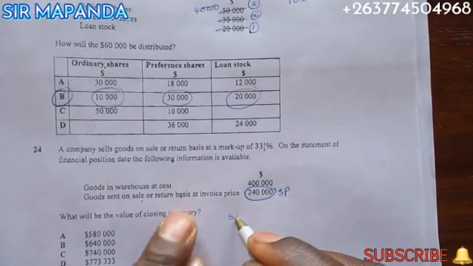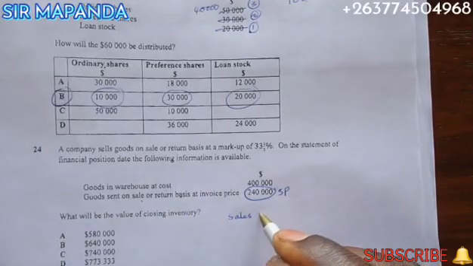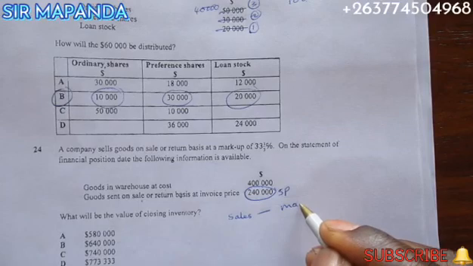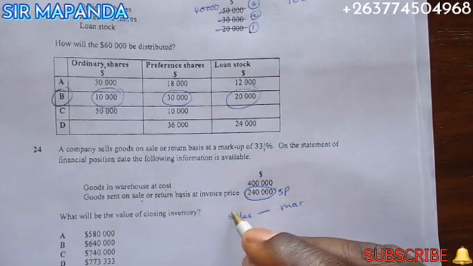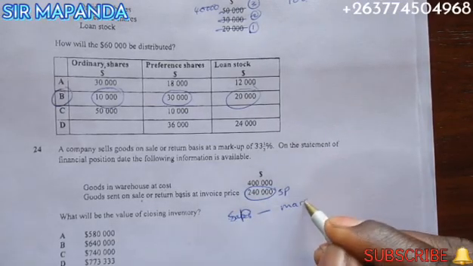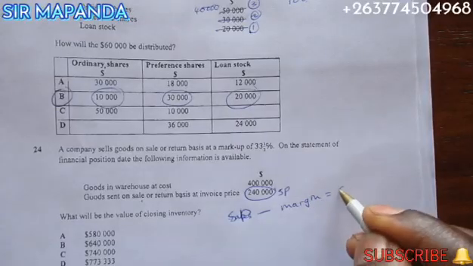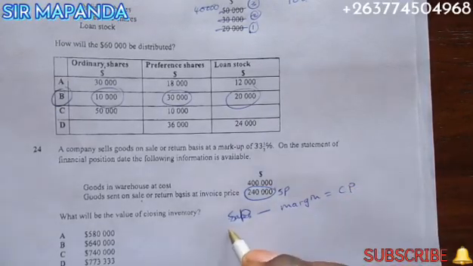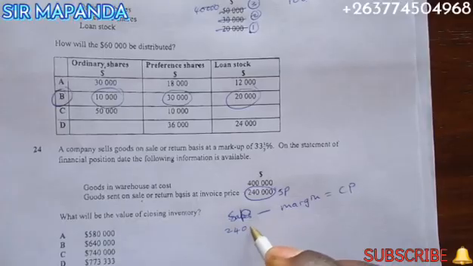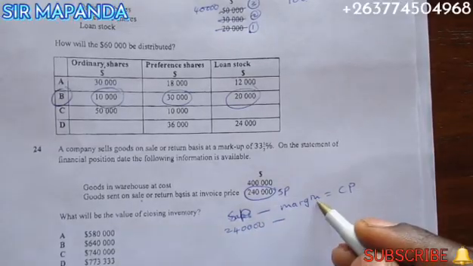So selling price minus margin, you get your cost price. So the selling price of those goods is 240,000. We need to less margin.